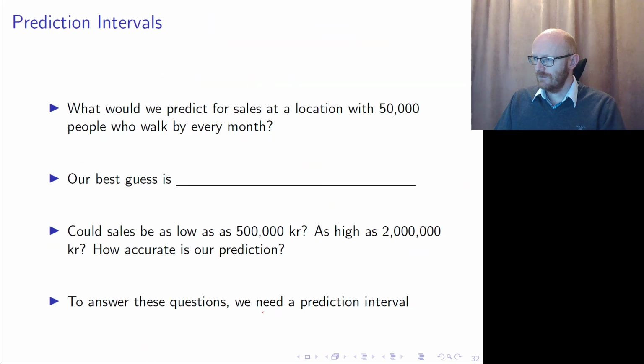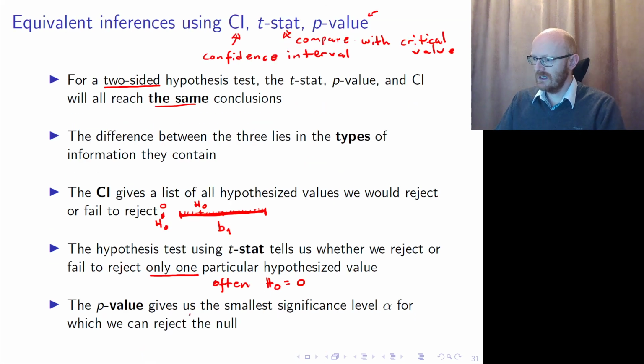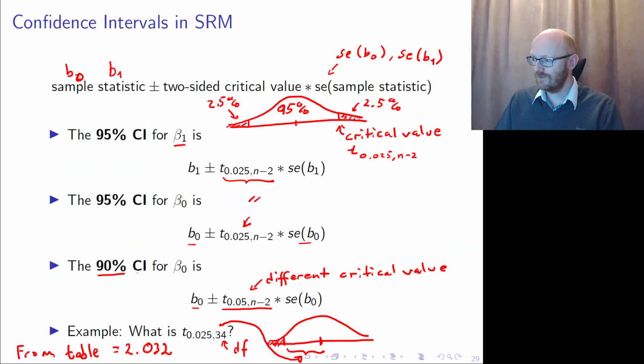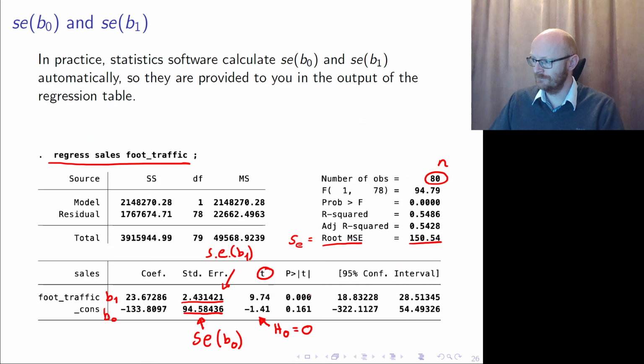Let's see, where did we get? Yeah, the p-value. Okay, so the p-value gives you the smallest significance level, alpha, for which we can reject the null hypothesis. And you can see from the output the probability, the p-value, the probability of getting a value greater than this t-value. What does that mean?